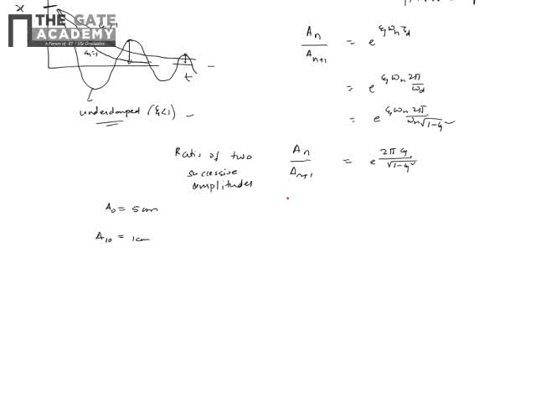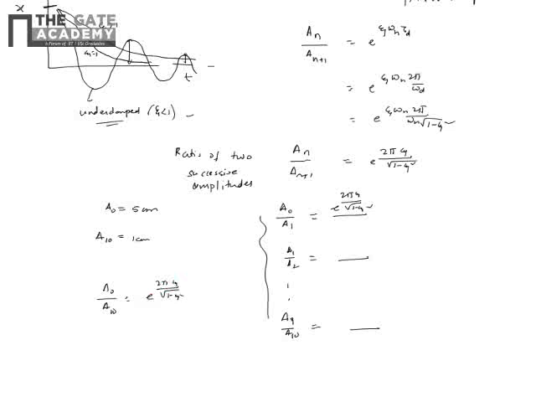So if you go on doing A0 by A1, which is constant, e power 2 pi chi by root 1 minus chi square, then A1 by A2 is also the same thing, so on till A9 by A10. If I multiply all this, it is basically A0 by A10, and the right side will be just multiple of the same term 10 times.